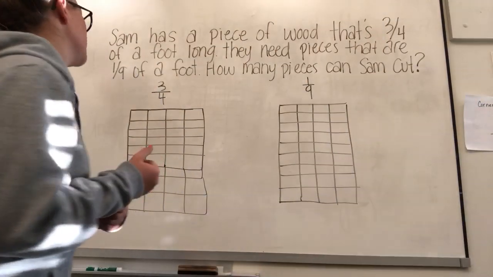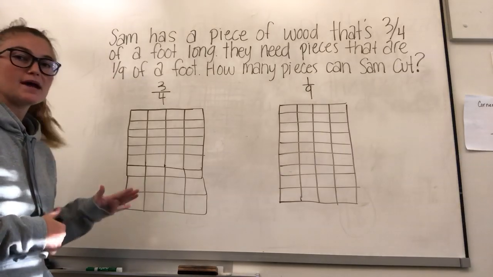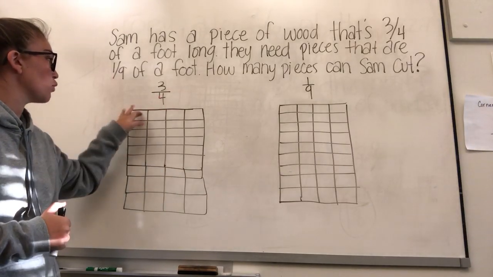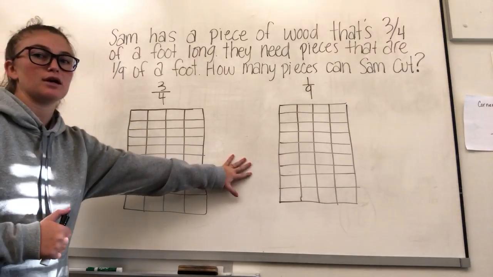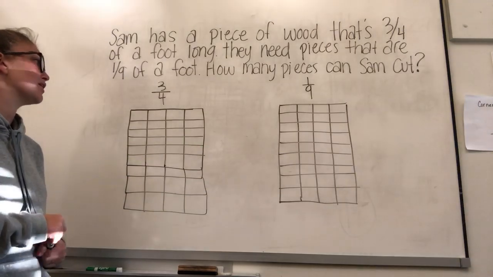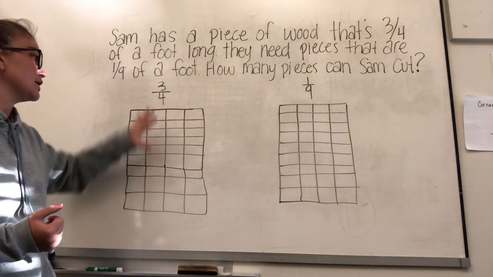So in this first box, we're going to do 3/4, and we'll pay attention just to this 4 right here, and this way we won't really pay attention until we're over there. So on your whiteboards, I want you to fill in 3/4, 1, 2, 3 out of 4 this way.